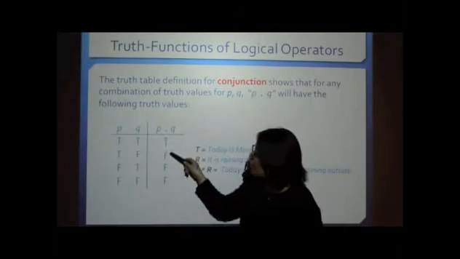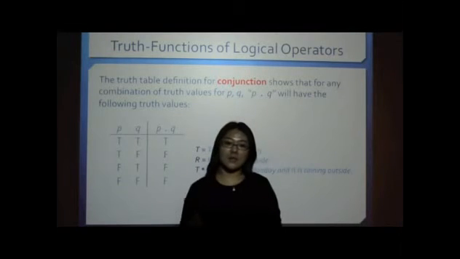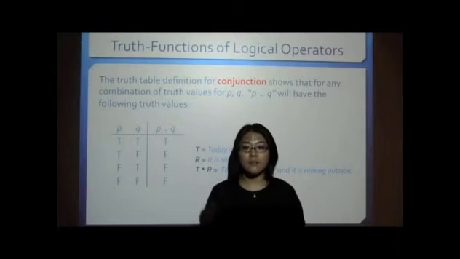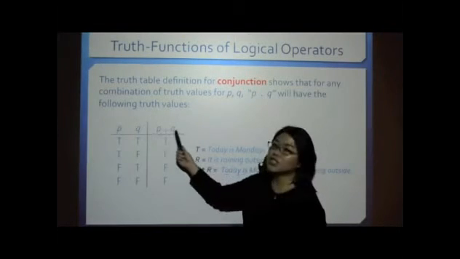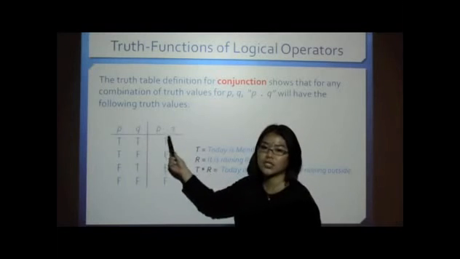In all other cases, the conjunction is false. So the one rule that can help you memorize the truth function of the dot is that the conjunction is true only when both conjuncts are true, both of the parts that make up the conjunction.